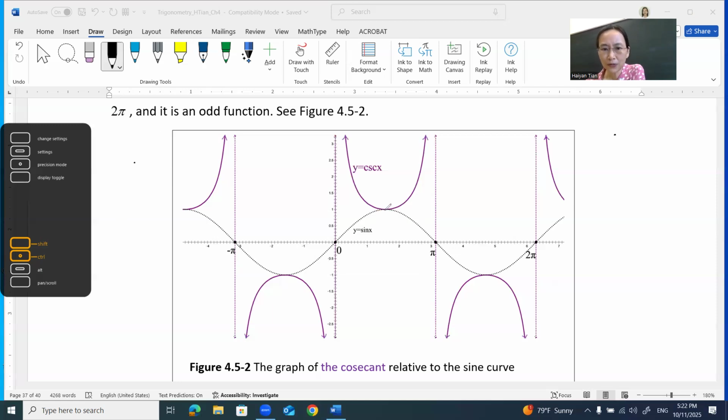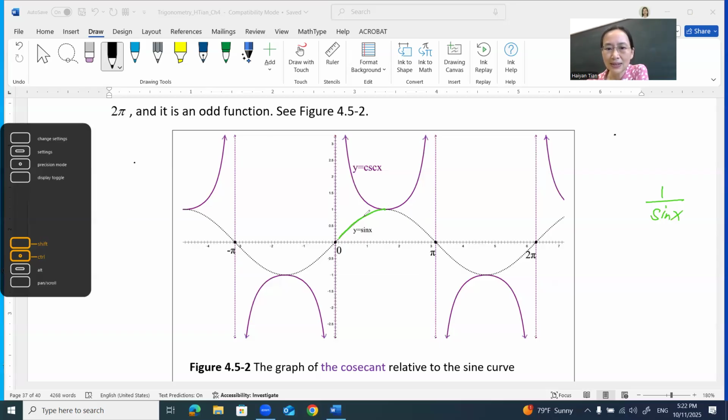And what if sine is not 1 or -1? When sine is less than 1, getting smaller and smaller, what happens to the reciprocal of the sine?